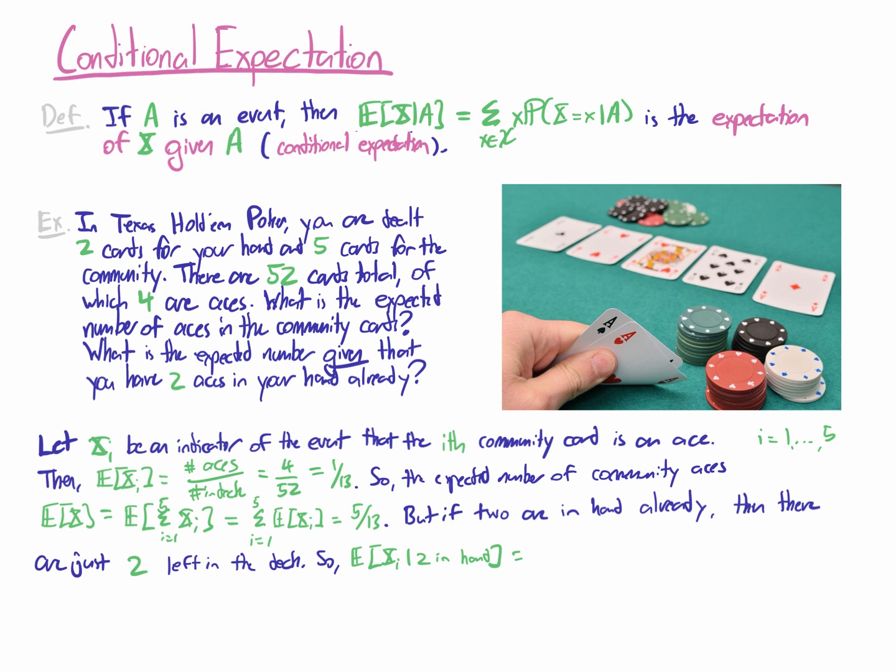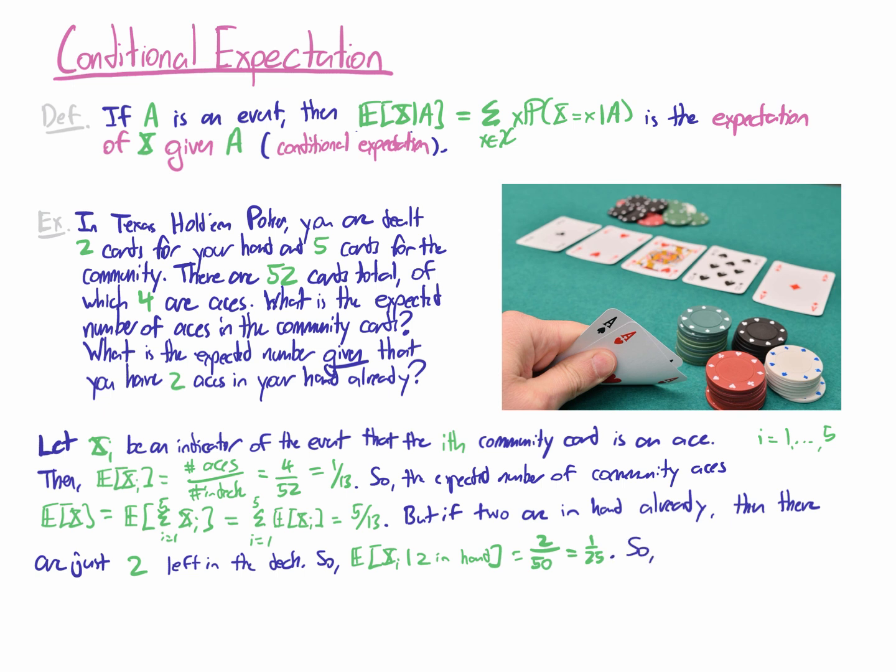I started with 4, and so there's 2 remaining out of 50 other cards in the deck. So I need to subtract from both the numerator and the denominator here. If I have 52 cards, 2 of them are already in my hand. That means the other possibilities remaining, there's just 50 of them, which is 1 over 25.